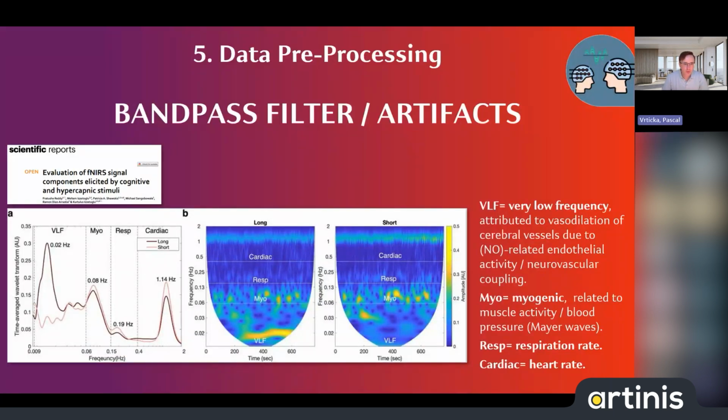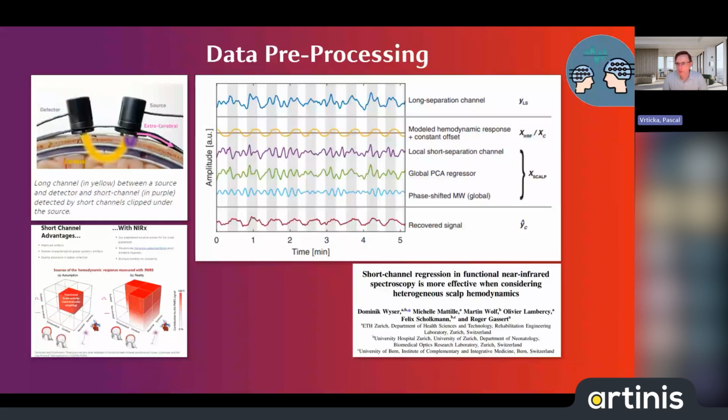What is also important to consider is that you shouldn't just extract the short channel data and then regress it out using a very simple method. It's actually better if you combine some of the short channel data, look at some of the global components of the short channels, and model that in a slightly more complicated model, so in a GLM, for example.